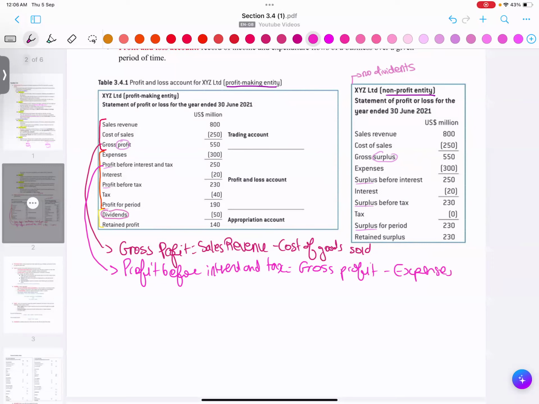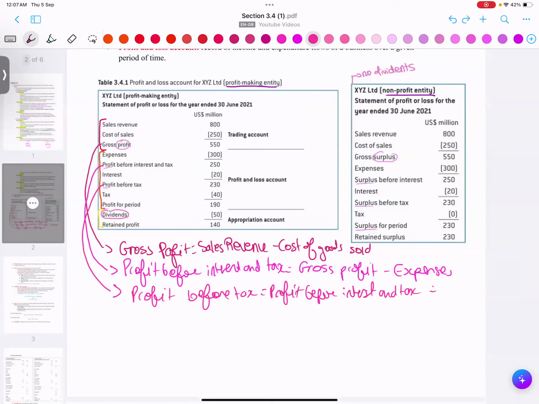Another formula, a really easy one, is that profit before tax is simply profit before interest and tax minus interest. So super easy.